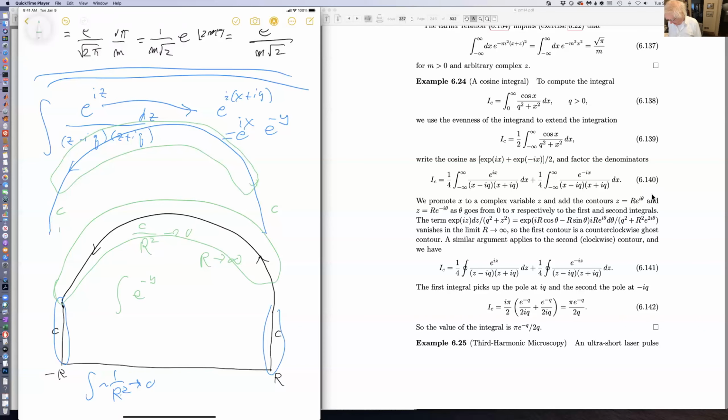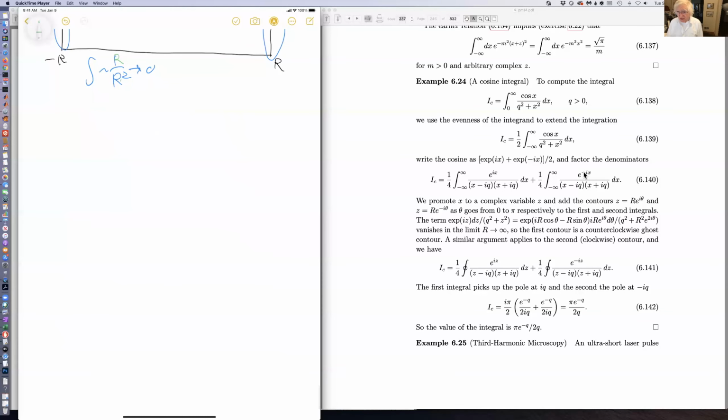We could arrange, instead of going a length c, to go a length r here. Then this would be r over r squared, which would still go to 0. But then this integral would be roughly r e to the minus r, because y is at least as big as r. And so this integral vanishes.